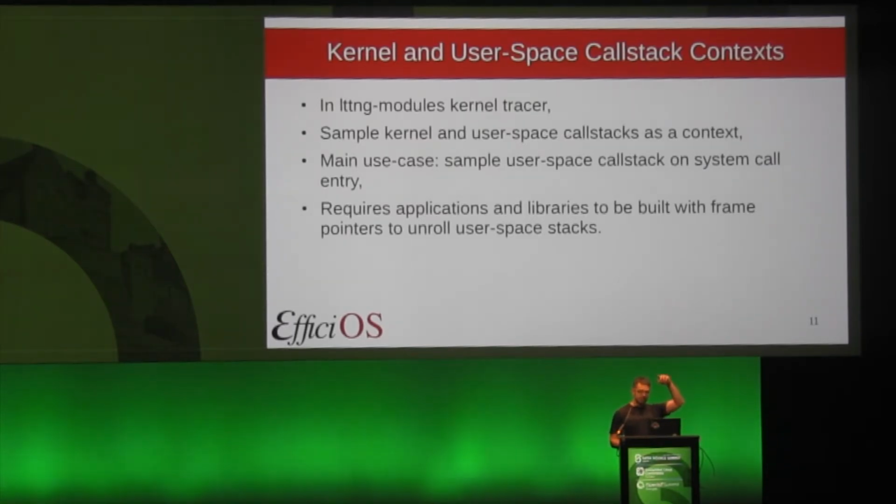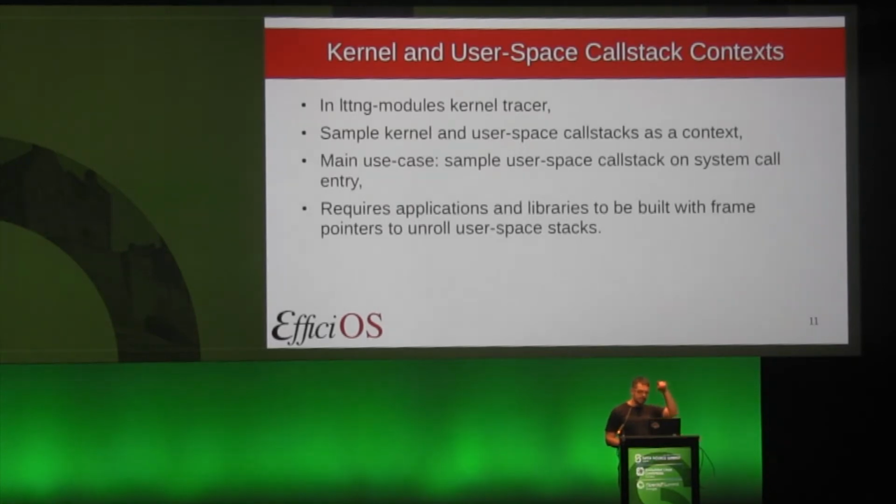However, one limitation at the moment for the user space callstack is that it requires applications and libraries to be built with frame pointers enabled to unroll the user space stacks. Let's say an application calls a library which invokes a system call. The system call will know what instruction pointer called it. But the first library in the stack that does not have frame pointers enabled is the point where the call stack iteration stops, so you will not see what is underneath, even if the application was compiled with frame pointers.